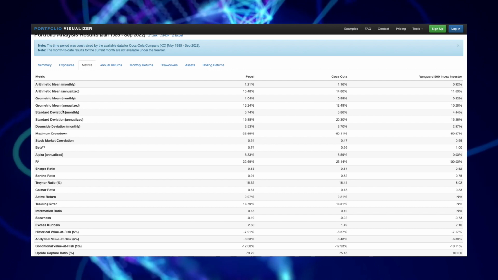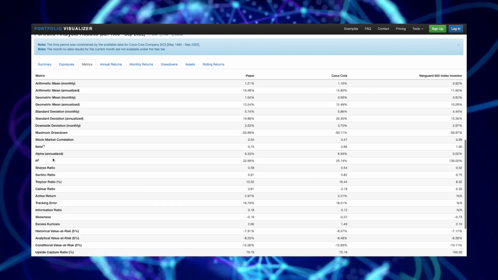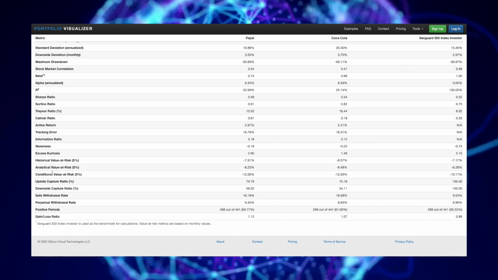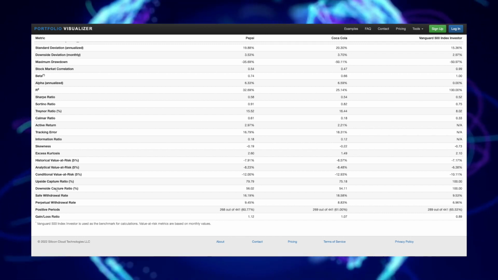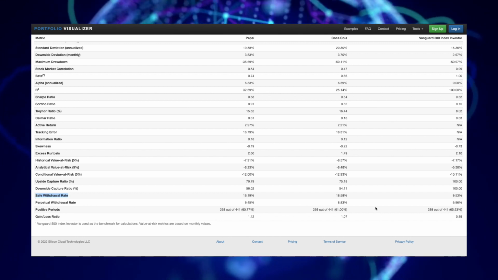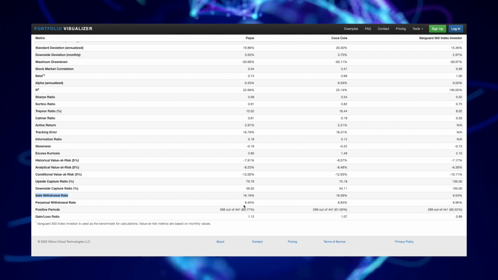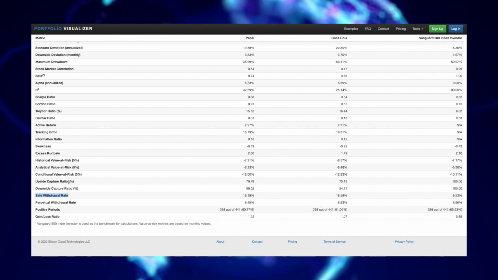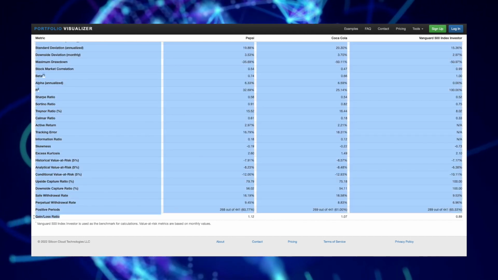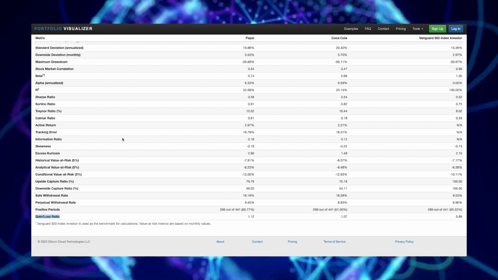I mean, standard deviation, beta, Sharpe ratio, Sortino ratio, the Treynor, everything. This is really, really a deep tool if you want to use it right. I usually don't go that deep for this. I usually just look at the returns, the drawdowns, the percentages, and stuff like that.